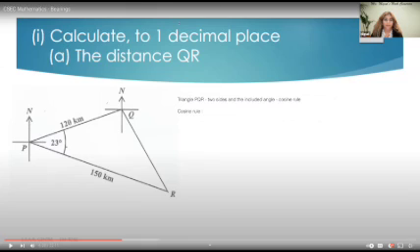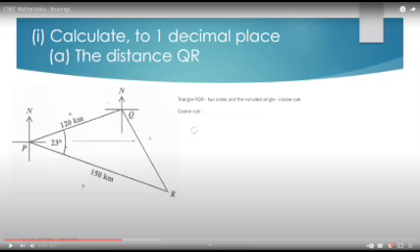This side, we will label as side C. This side, I will label as side A. And this side, I will label as side B. So we have A, B, C. Do you all see that?